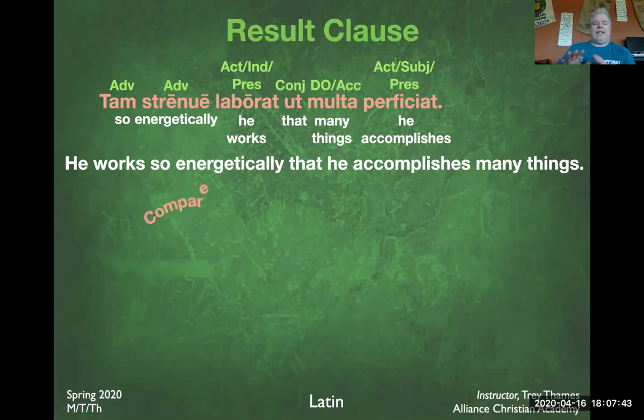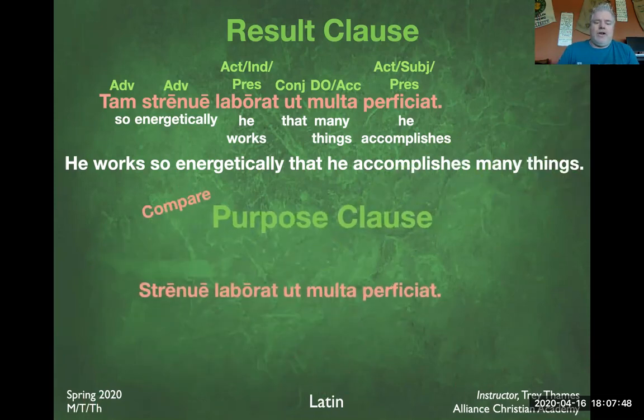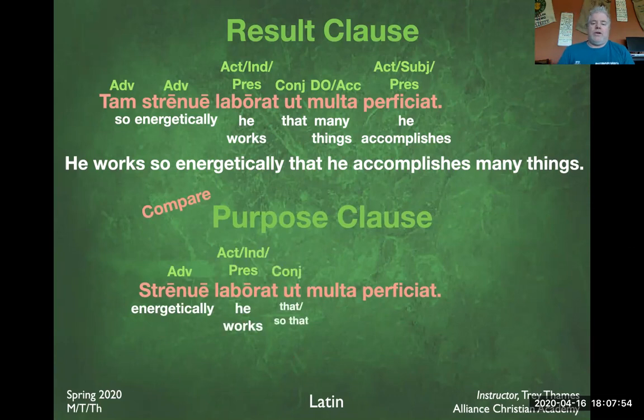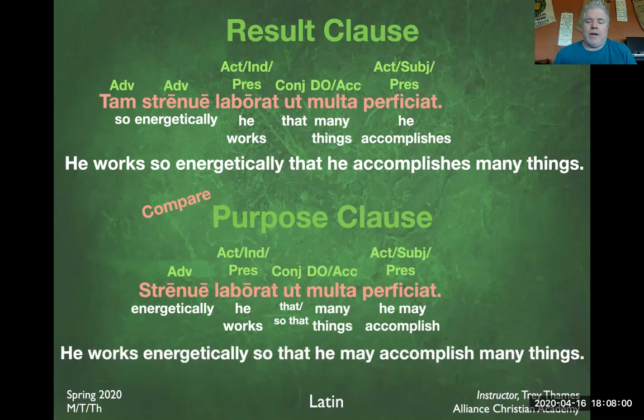So let's look at a very similar sentence, but this is a purpose clause. It's strenue laborat ut multa perficiat. Again, your adverb strenue, laborat, your verb, he works, your ut conjunction, perficiat, again a subjunctive verb in the present tense. And then multa is your direct object in the accusative plural.